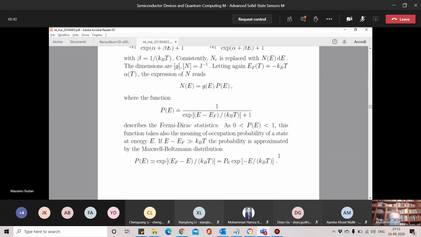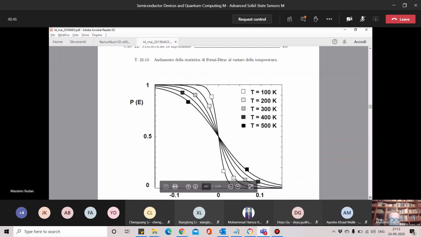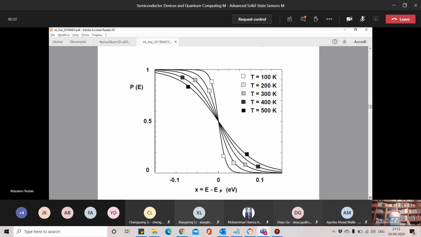Okay? And we should also see the graph here. So in this figure, the abscissa has been taken equal to E minus the Fermi level.